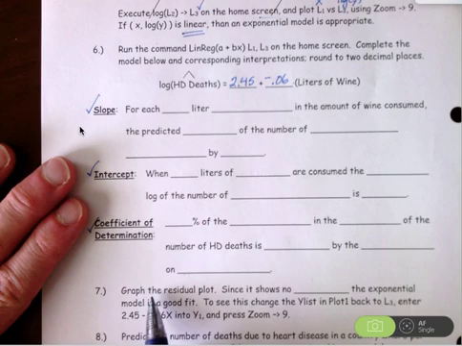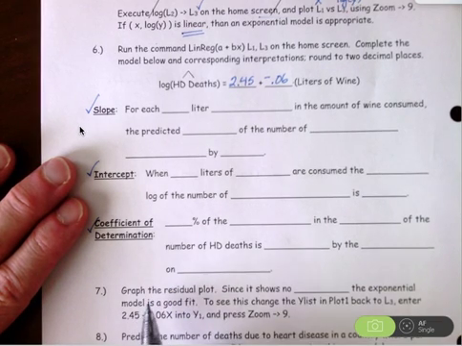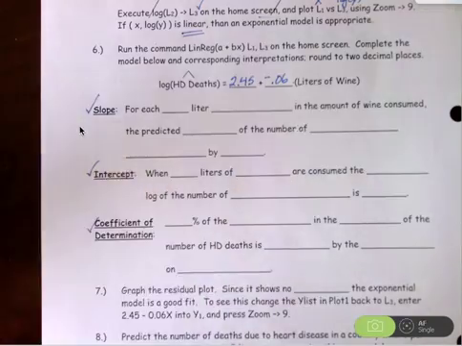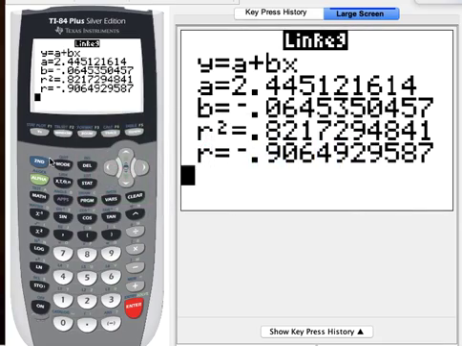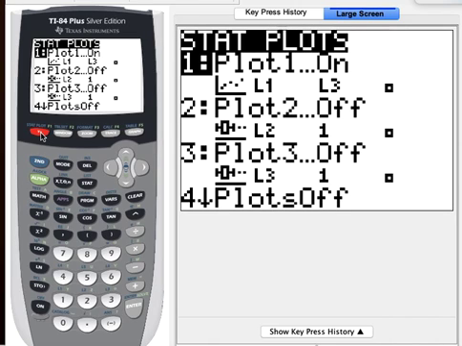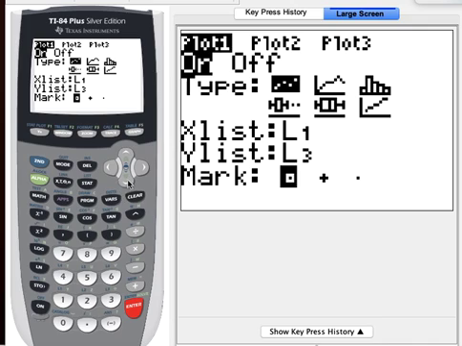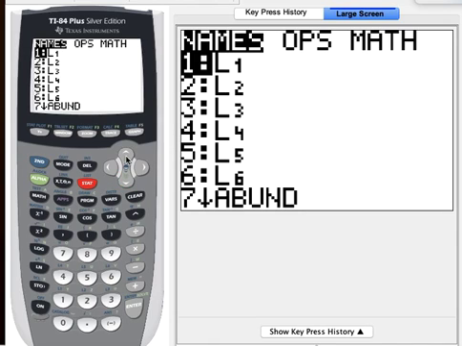So something else then I want you to do, on step 7, I want you to graph the residual plot. So to graph the residual plot, something simple to do, if you go to your scatter plot, in order to graph your residual plot, just go into plot number 1, and instead of graphing list 1 and list 3, all you need to do in place of list 3 is go to second stat, bring up your lists.